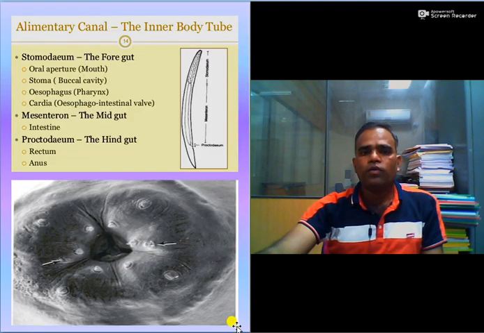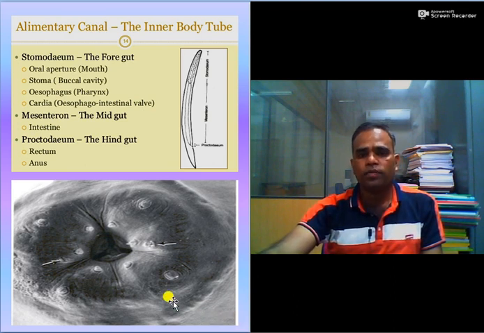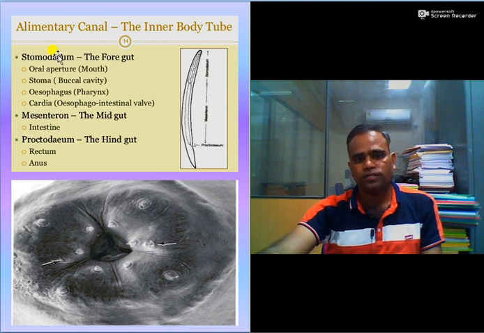Then the second body tube, the inner body tube, consists of three parts: stomatium, mesenteron and proctodium. Stomatium is the anterior portion. Mesenteron is the mid portion.